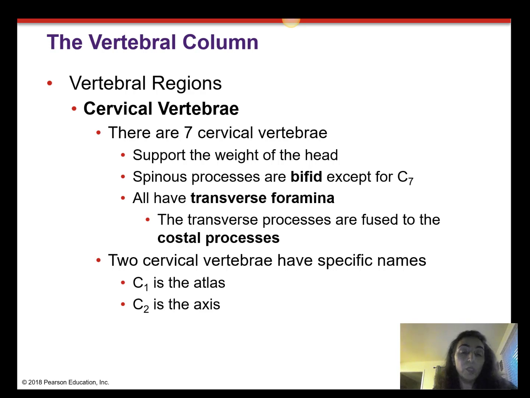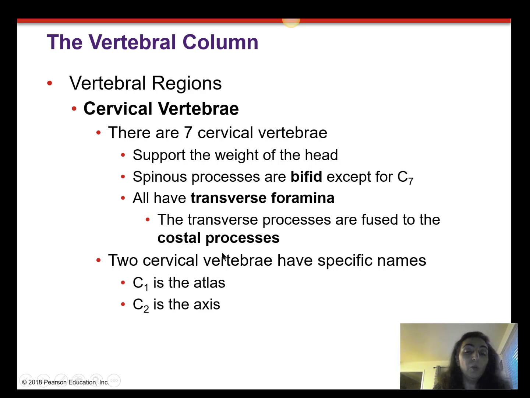So in the thoracic and lumbar area, you don't see any transverse foramina on the side next to the transverse process. Now, beside this general characteristic that you recognize which vertebra is cervical, if a vertebra doesn't have it, we can say that this should be a thoracic vertebra or a lumbar vertebra.